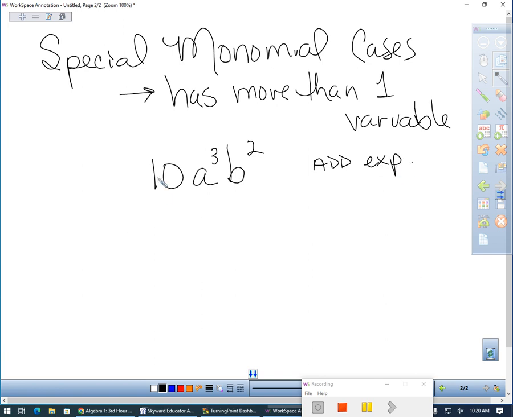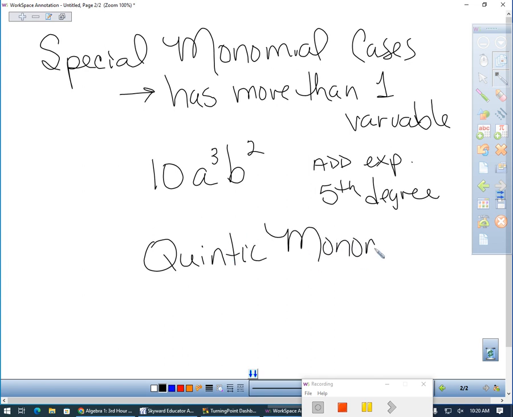So to classify this one, we would add our exponents together, which would be a fifth degree. And what is the word for a fifth degree? Quintic. Very good. So this would be a quintic monomial. That's that special case if you have more than one variable in that term.